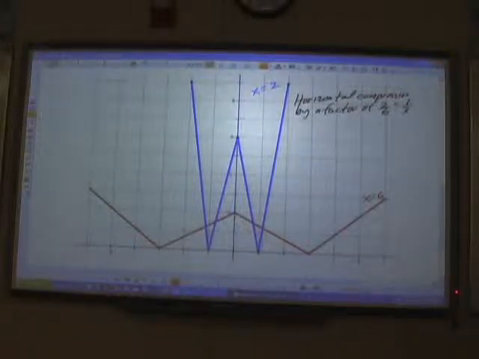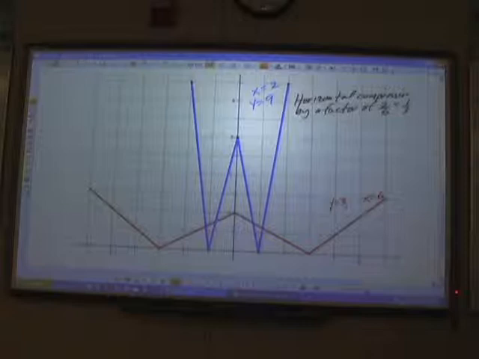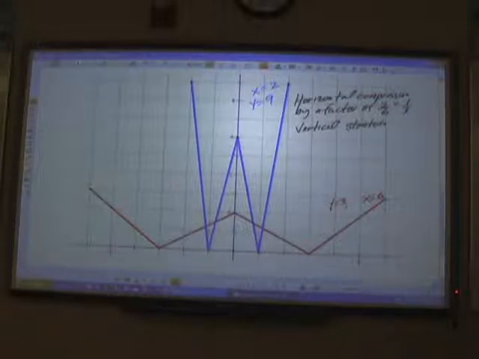Initially here we were at y is equal to 3. After our scale transformation, we're at y is equal to 9. So we have a vertical stretch by a factor of 3. 3 times 3 is 9.